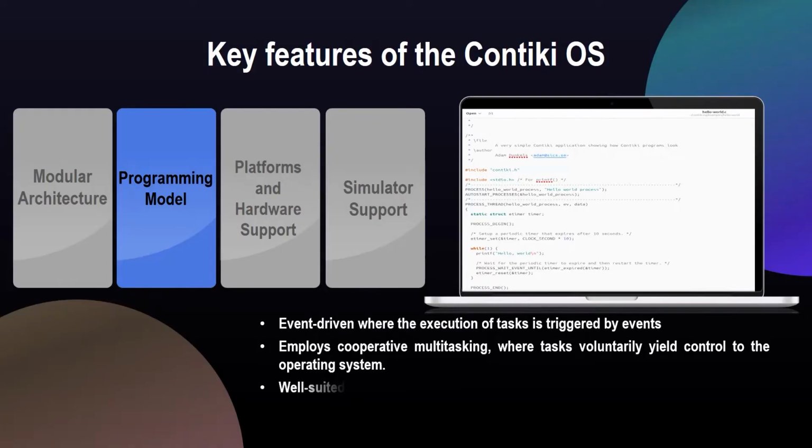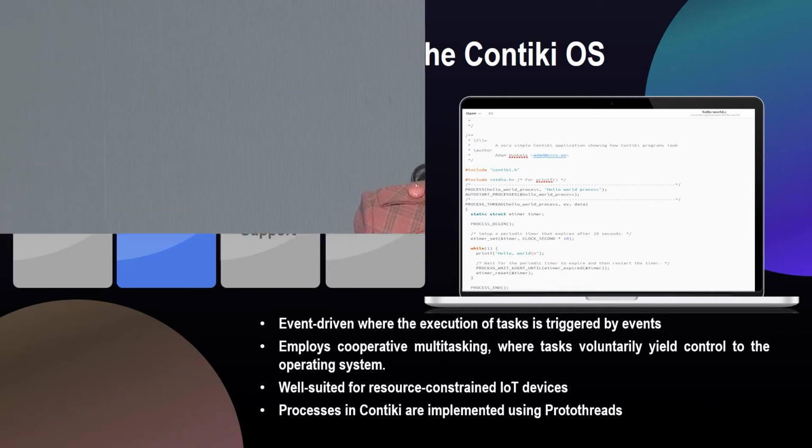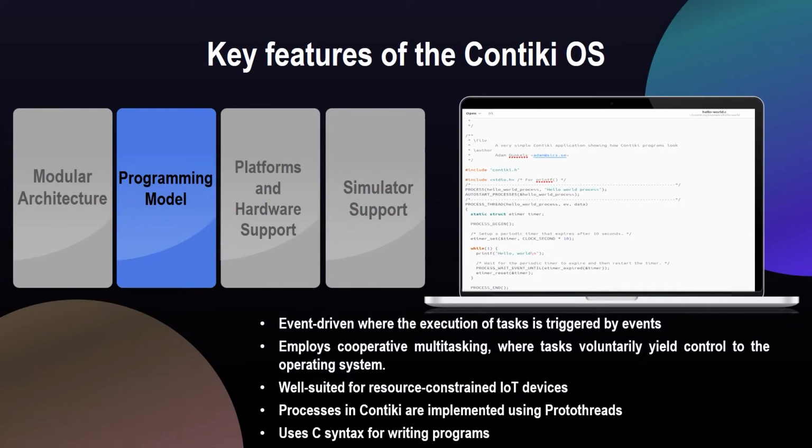This approach is well suited for resource-constrained IoT devices as it reduces the overhead associated with task switching. Processes in Contiki are implemented using protothreads, which are a form of lightweight, stackless threads that simplify the development of event-driven code.